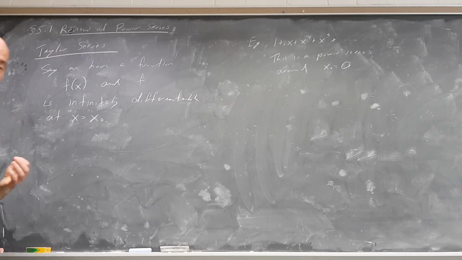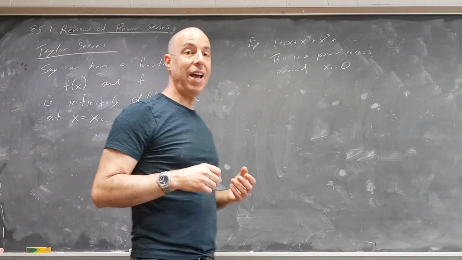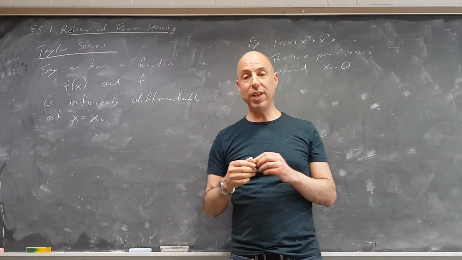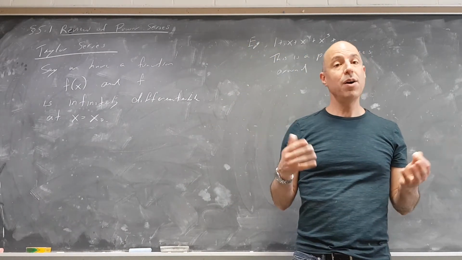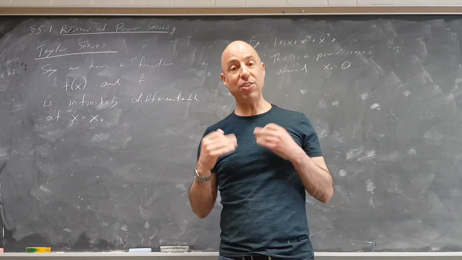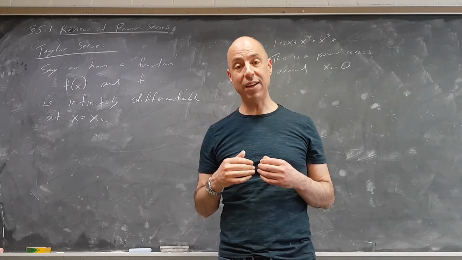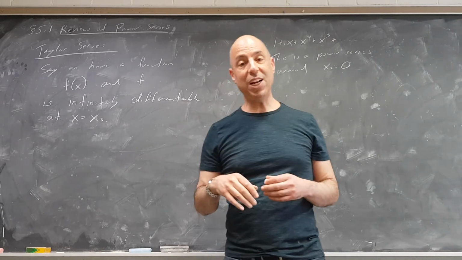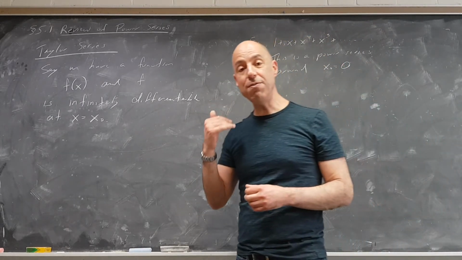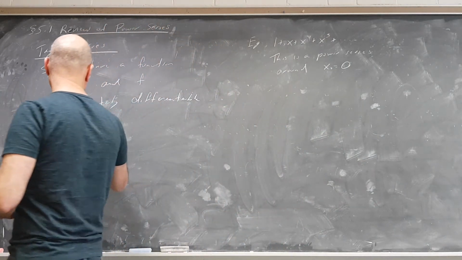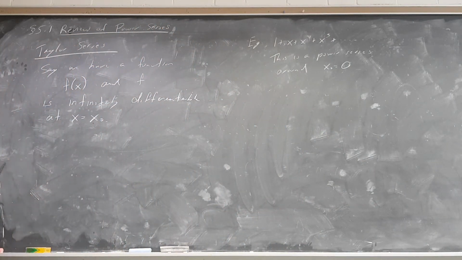Infinitely differentiable means that at x equals x naught, not only is the curve smooth, so you can take its derivative once, but once you have the derivative, that's smooth, and so you can take the derivative again. And once you have the second derivative, that's smooth, so you can take the derivative again. You can take the derivative infinitely many times at x equals x naught. So this curve is infinitely smooth.